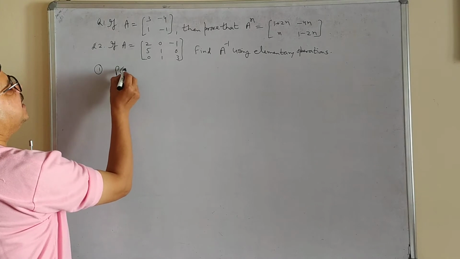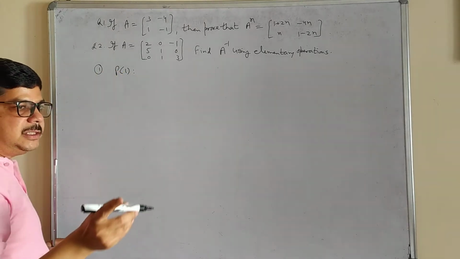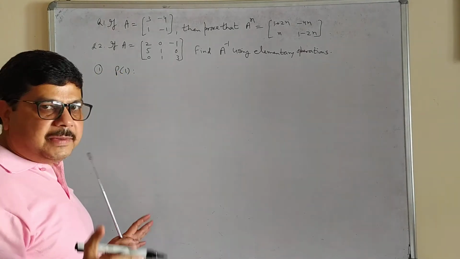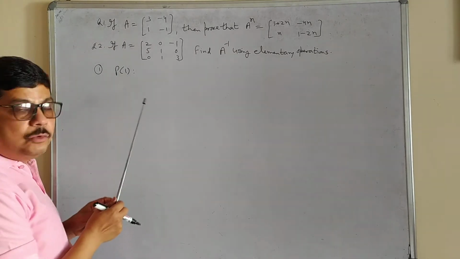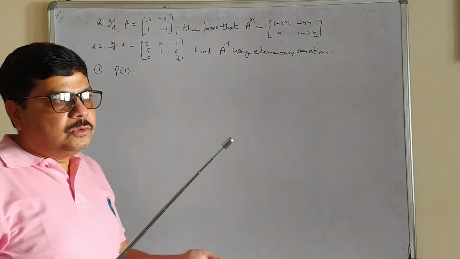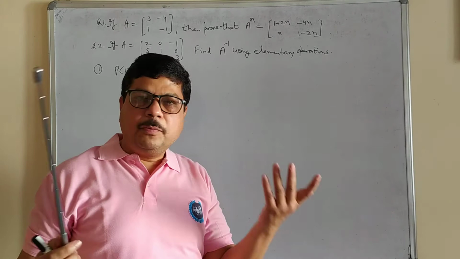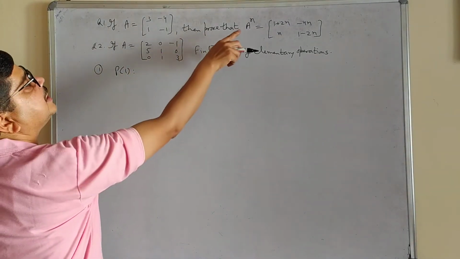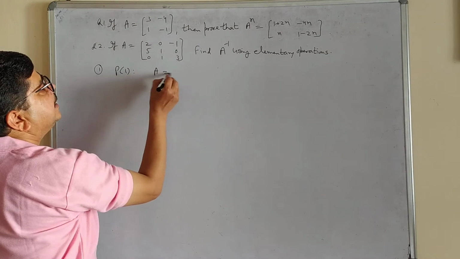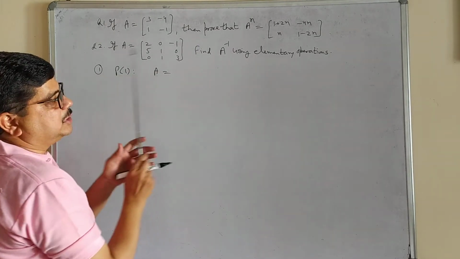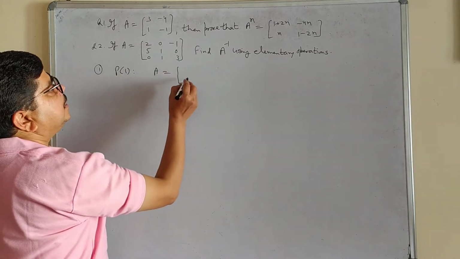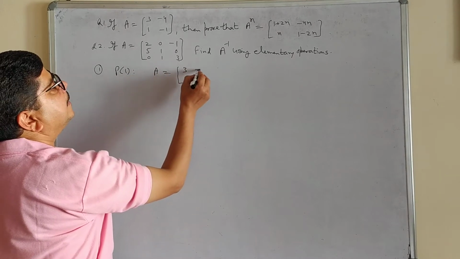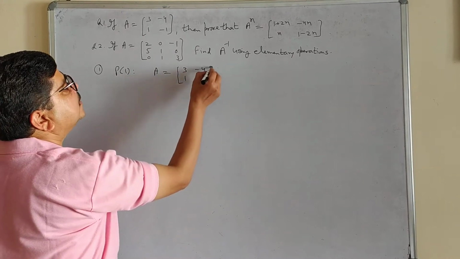First we take P1. The method is known to you in 11th class. What do you prove? You take P1, then you suppose that Pk is true, then you prove Pk plus 1. So P1 is true. P1 is the statement A. In place of n, we will put 1 both sides. So A equal to 1 plus 2, 3, minus 4, 1, minus 1.